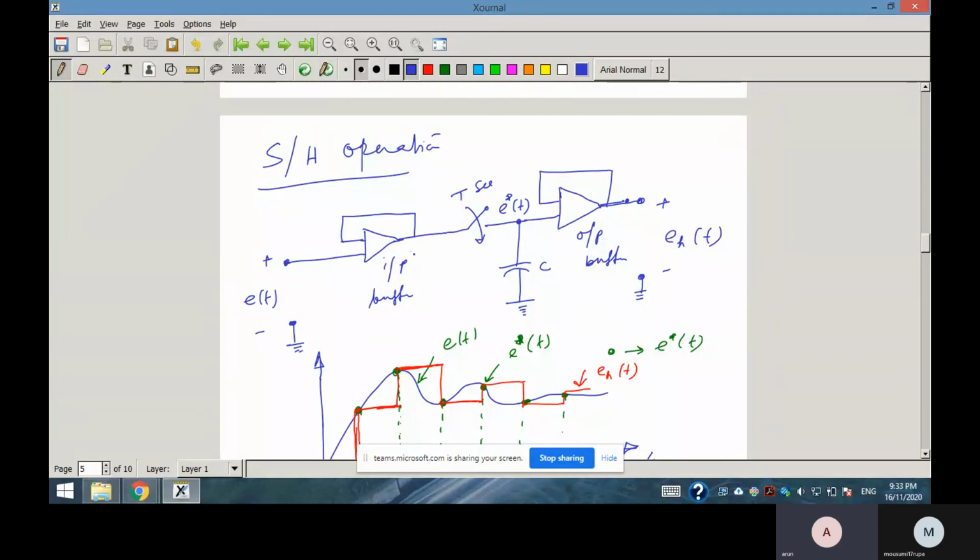So that's why, what will happen to the capacitor? Once the switch closes, the capacitor will instantly take that value.